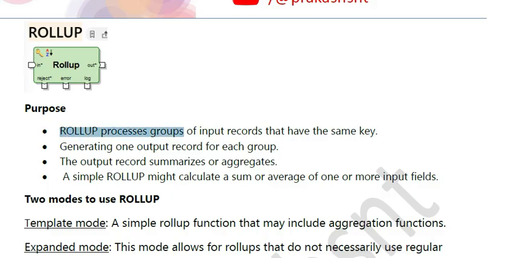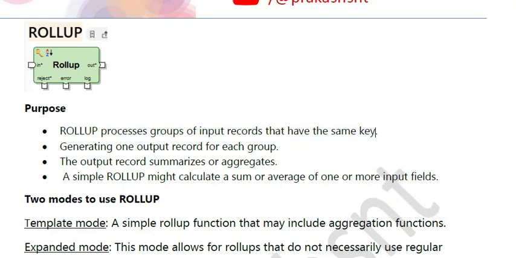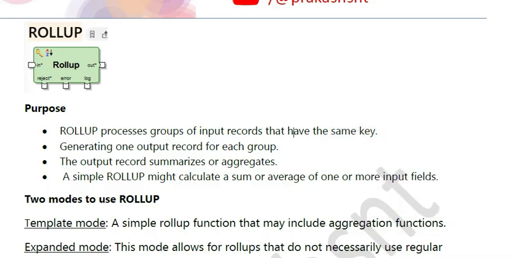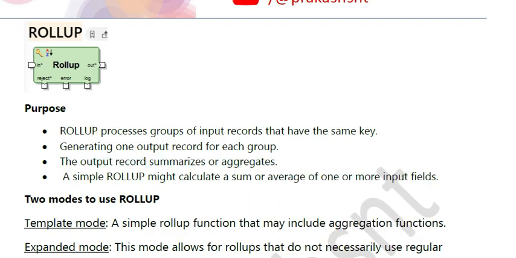Rollup processes a group of input records that have the same key. Means if you have the same key for records, then those records will create a single output and generate one output record for each group. The output record will be summarized or aggregated based on your requirement.